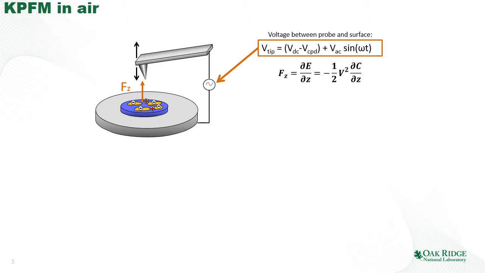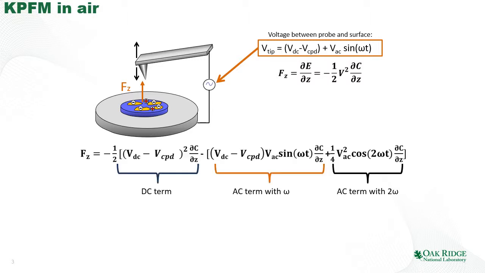Let's look at a very quick recap of how KPFM works. In this case, we have our scanning probe tip. We apply the periodic bias to this probe, and the application of this bias results in the capacitive force, which is proportional to the square of the potential difference between the tip and the surface.